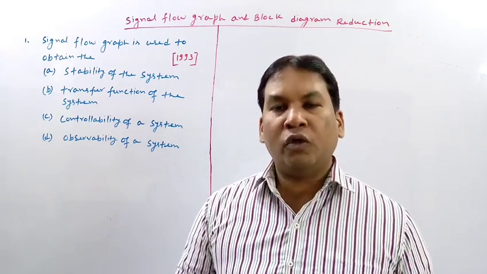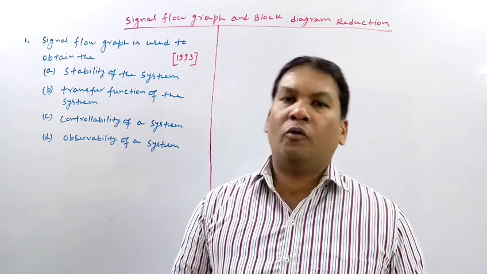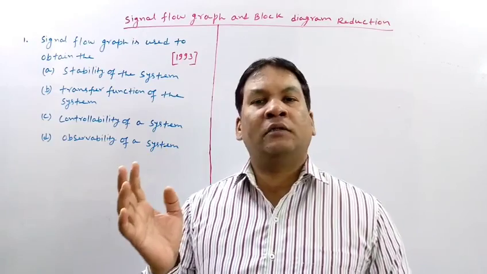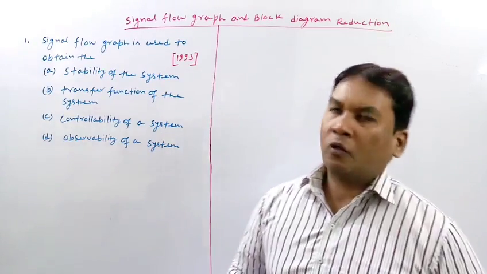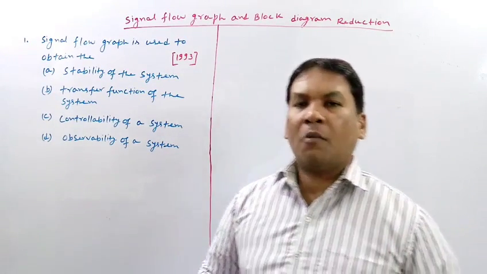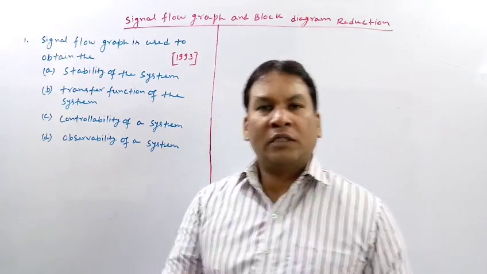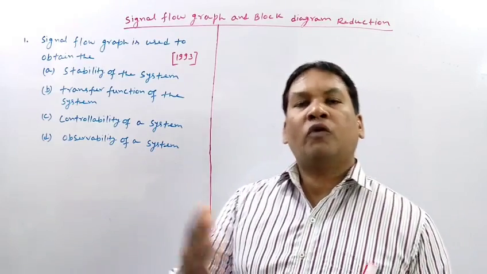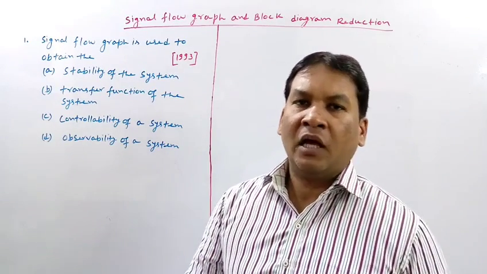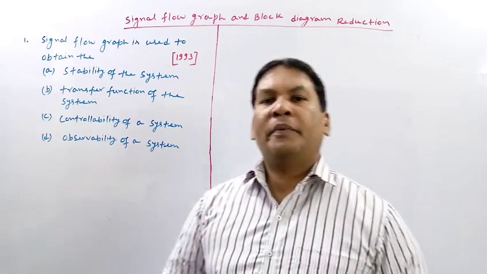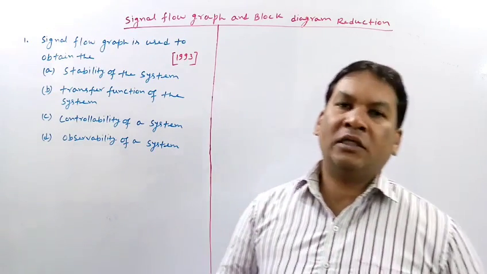It doesn't have to do anything with finding the response of the system. It only finds the transfer function of a system. So let us come to the questions. During the questions we will explain how to find the transfer function. One by one we shall see the previous year questions asked in GATE.